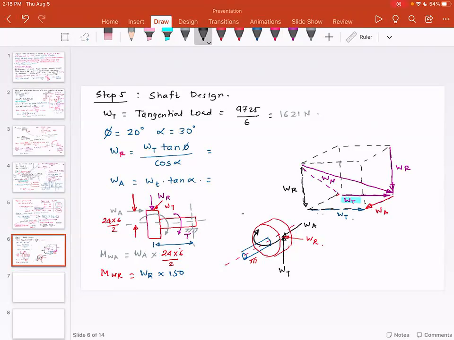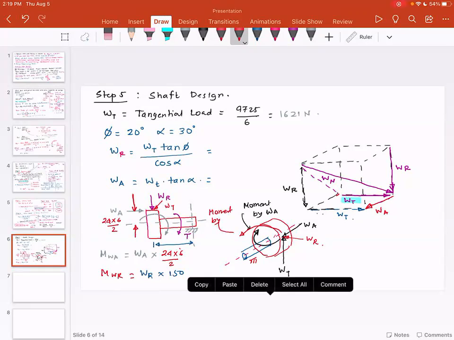Let me show you the moment in the three-dimensional view. This is the moment by Wa. Then this is the moment by Wr.